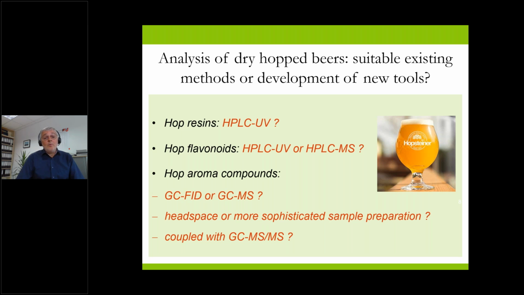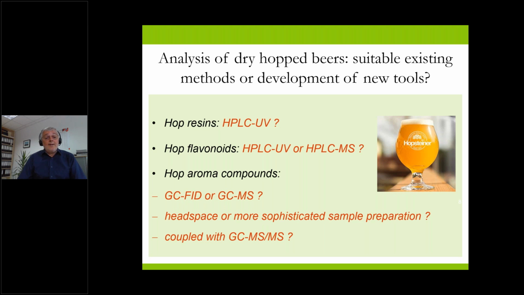For hop flavonoids, the question is open whether these can be analyzed by HPLC-UV, or whether it is necessary to use more sophisticated HPLC-MS equipment. For hop aroma compounds, the question is, can we use GC-FID, flame ionization detection, or is it necessary to use GC-MS methods?